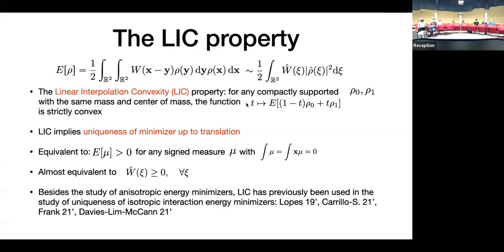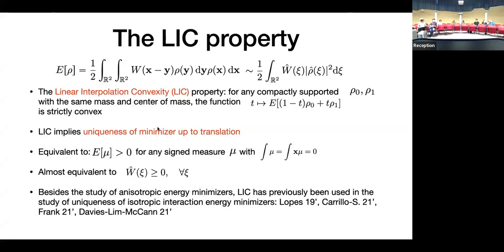So the reason is very simple. Suppose I have two different energy minimizers. They have to have the same amount of energy. Then, if you are discussing up to translation, you can always assume that they have the same center of mass. Then just do a linear interpolation.